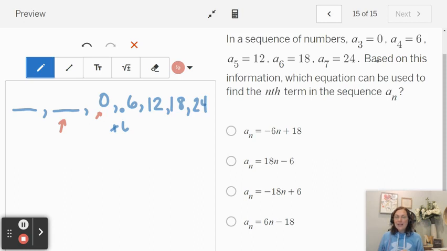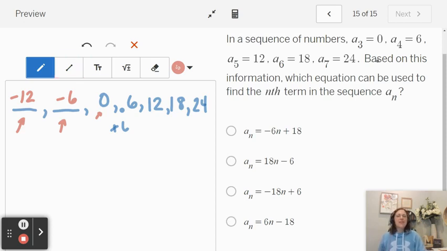Think about that. If I added 6 to it and got 0, then the number had to have been negative 6. Because negative 6 plus 6 is 0. All right, well, let's use the same logic for this number. This number plus 6 got me negative 6. So this had to have been negative 12. Now I know the first term.